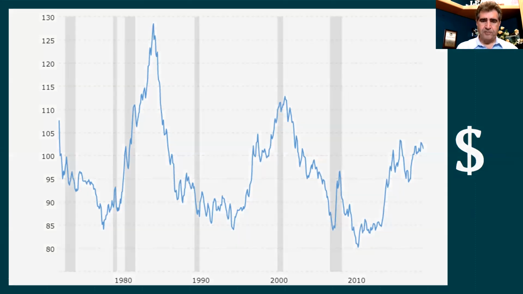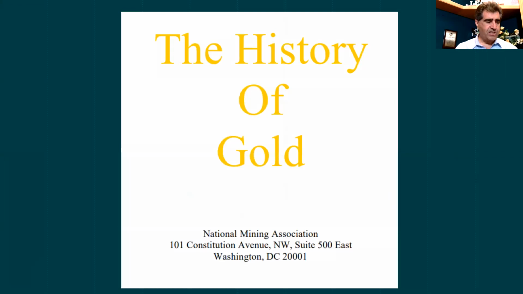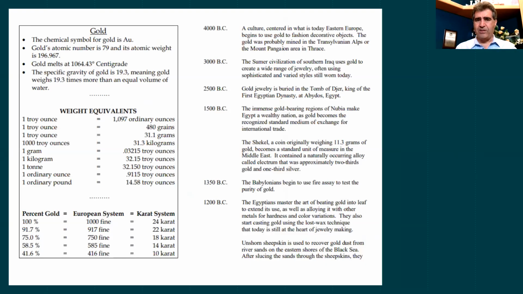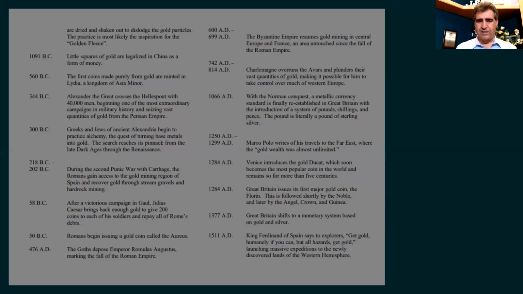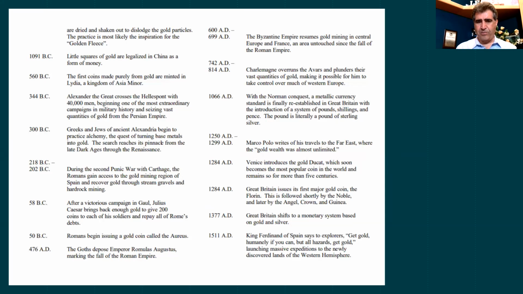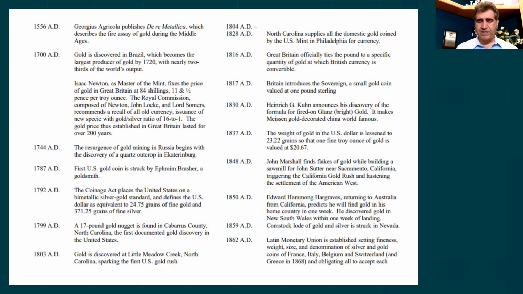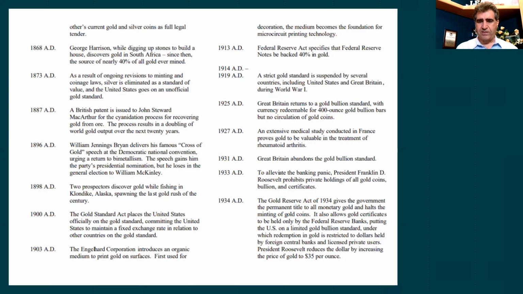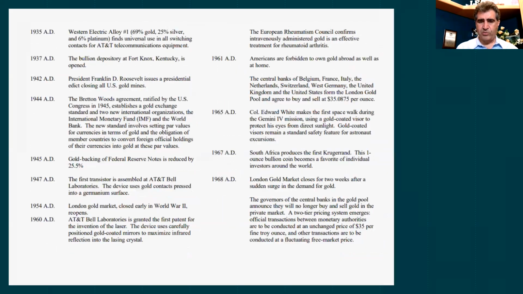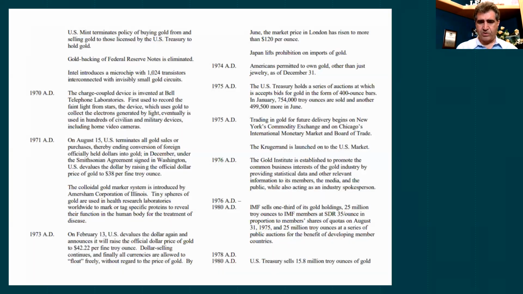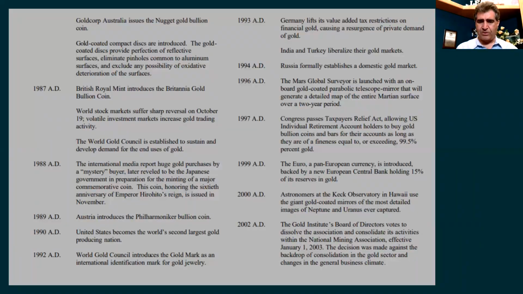What I'm also adding as an extra bonus is this, coming from the National Mining Association. They've gone through the history of gold, and I thought you might enjoy this year by year look at the major things that influenced the price of gold, all the way to 2002.